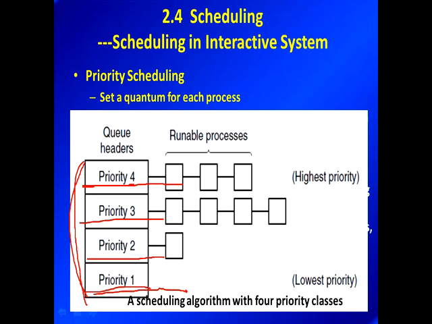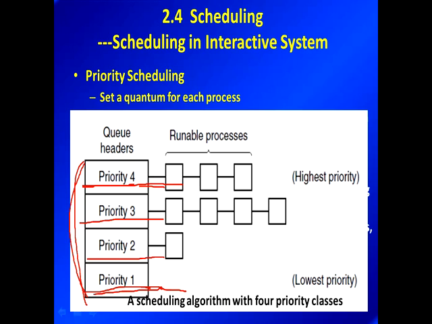And each process will be allocated the same length of quantum. So no matter whether you are a process in the first class or in the fourth class, as long as you get the CPU, you just run for the same time.